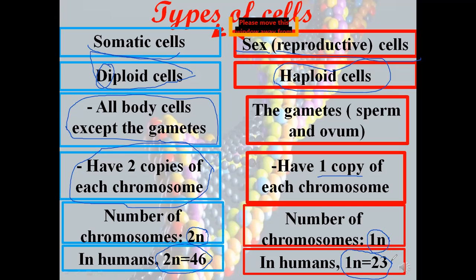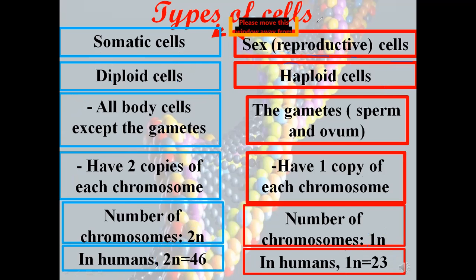As a summary, let's repeat this quickly. Somatic cells are diploid. They are all the body cells except the gametes. They have two copies of each chromosome, and the number of chromosomes is 2n. However, the haploid cells are the gametes, the sex cells, the sperm and the ovum.